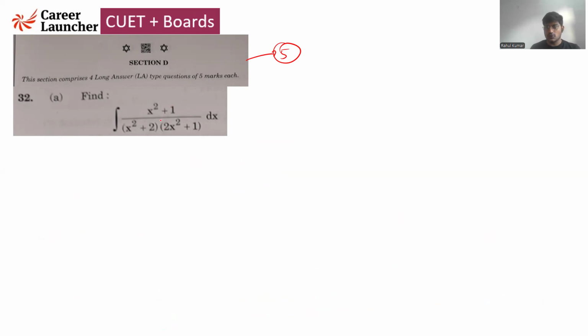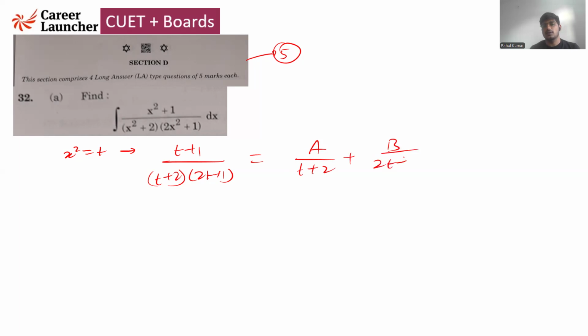So first, you have to do the partial fraction here. How can you do the partial fraction? Assuming x square as t, (t plus 1) divided by (t plus 2)(2t plus 1), you can rewrite this as A by (t plus 2) plus B divided by (2t plus 1), which gives A times (2t plus 1) plus B times (t plus 2) equal to t plus 1.